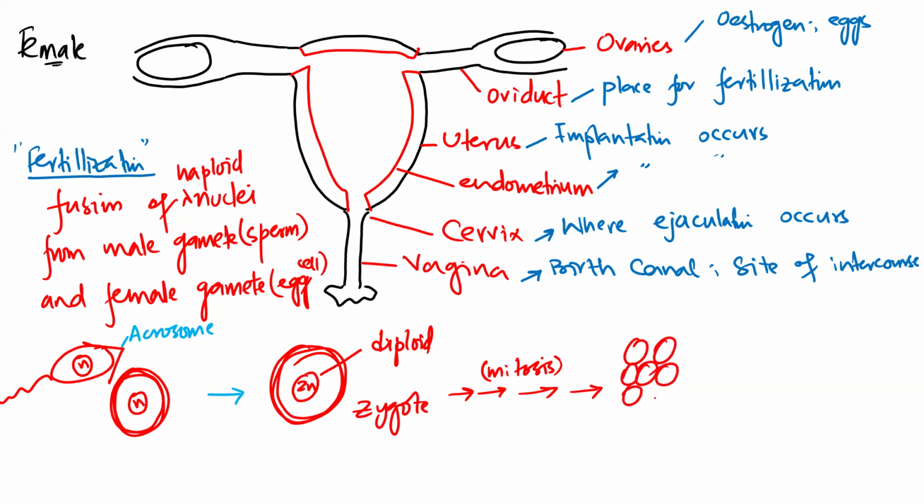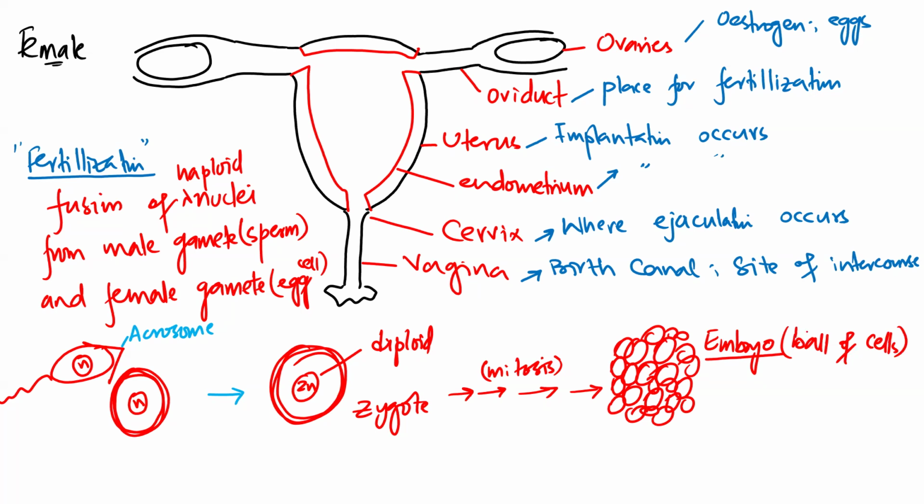Mitosis is when chromosome number is kept same. So a ball of cells is made. What do we call this ball of cells? Embryo. This is a ball of cells. In mitosis chromosome number is kept same.